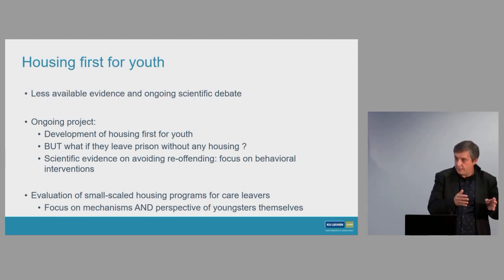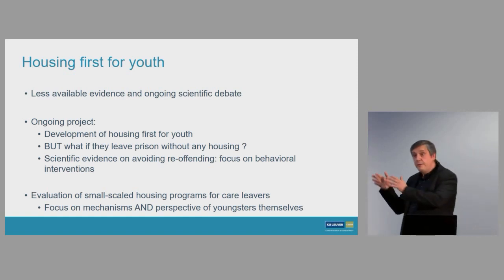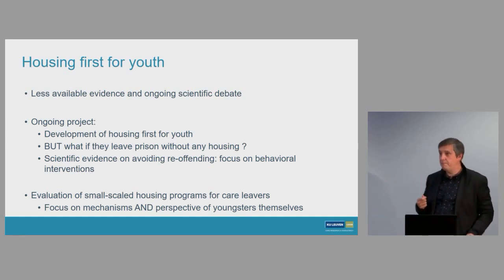It's all about autonomy. Even young people have to make their own choices. If we go into detail into the studies on reoffending, we see completely the opposite. It's very much based on a behavioral approach. It's quite directive. It's about making the right choices and nudging young people so that they make the right choices.